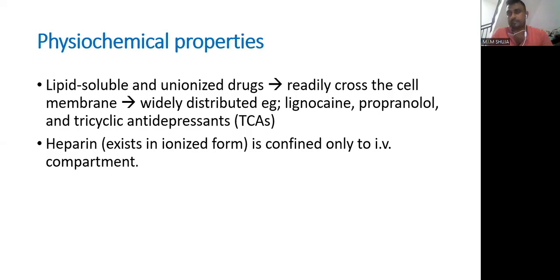So they are widely distributed, like lignocaine, propranolol, TCAs. Heparin is found in ionized form. What is ionized? Water soluble. So it is confined to the what? IV compartment, your plasma. So volume of distribution will be low.